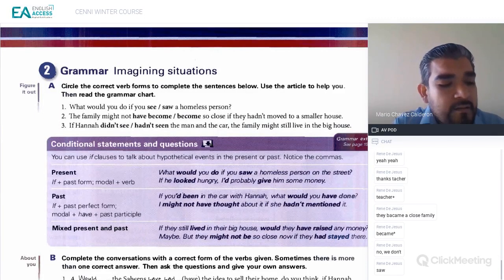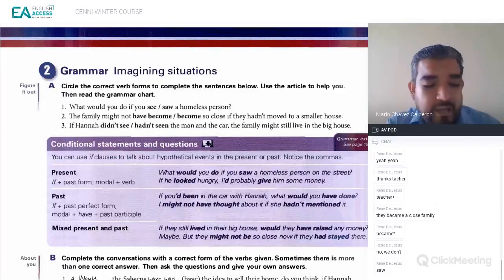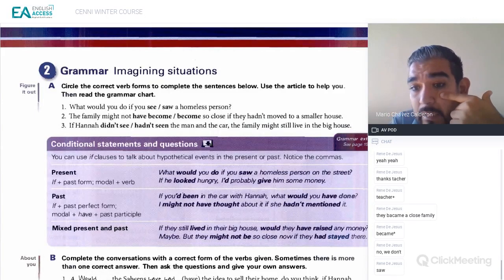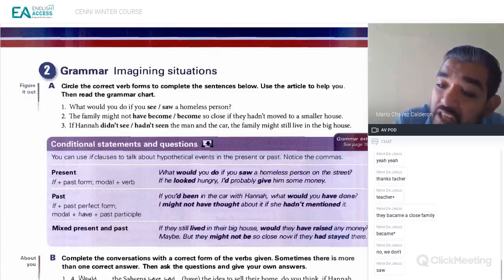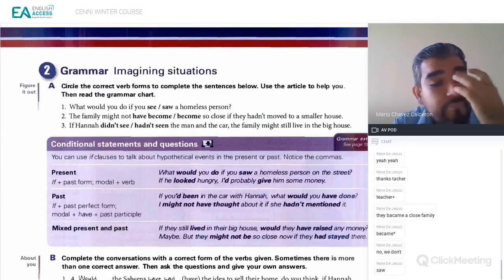Yes, the answer is saw. Excellent. Because it's something that you cannot see, the homeless person in this moment, right? It's something imaginary. It's not real. So you use saw. Good job.